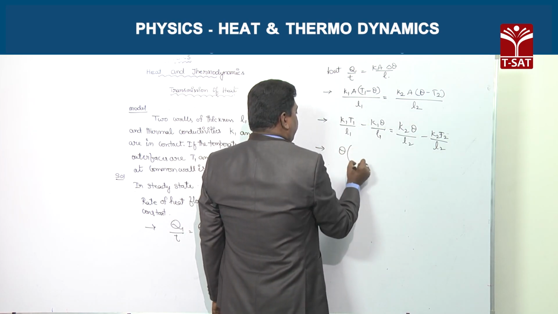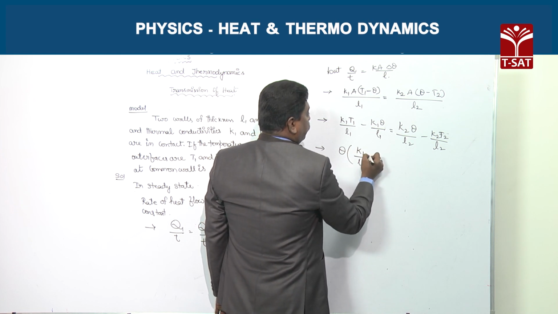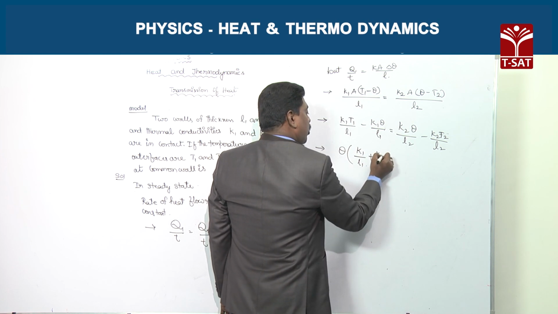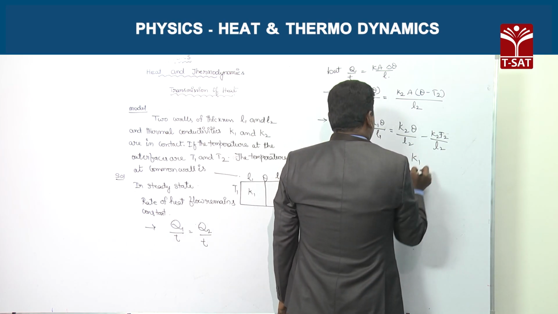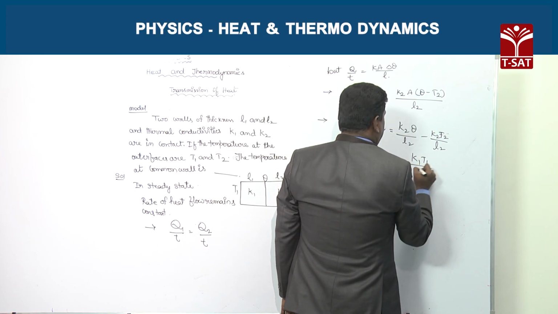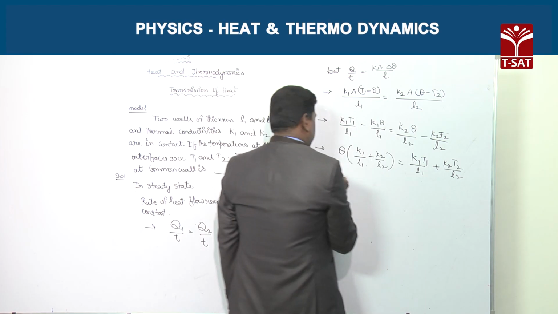Taking theta common, we have theta (K1 by L1 plus K2 by L2) equals K1 T1 by L1 plus K2 T2 by L2.